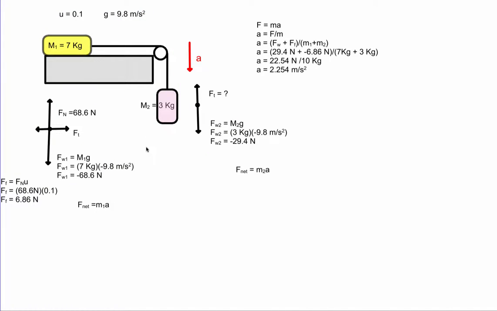Now let's look at the tension. How are we going to find the tension? Well, we can use either of these two masses. I'm going to start with this one over here: the acceleration of this object, the tension, and the weight, which is causing the acceleration.